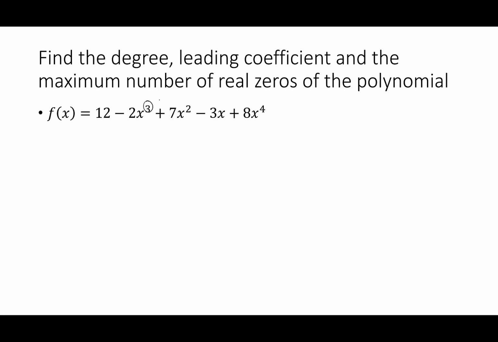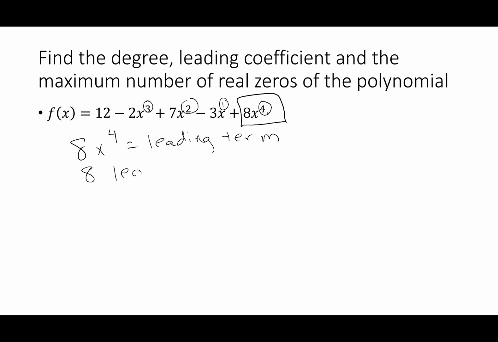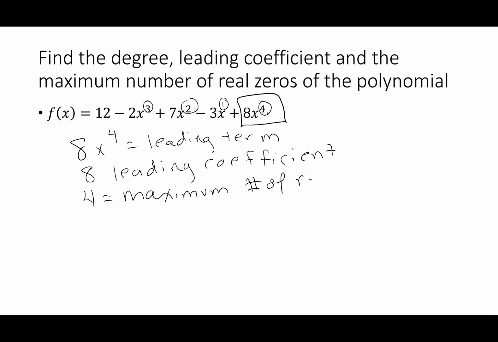I have power 3, I have power 2, I have power 1, I have power 4. 4 is the highest power, so this 8x to the 4th is my leading term, and 8 is the leading coefficient. The power of the polynomial being 4, so 4 will be the maximum number of real zeros, and we can have at most 3 turning points.